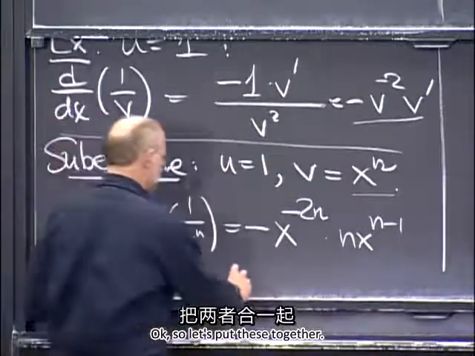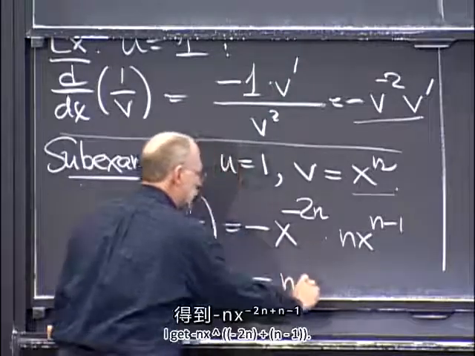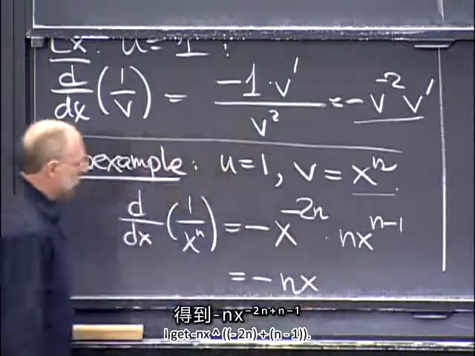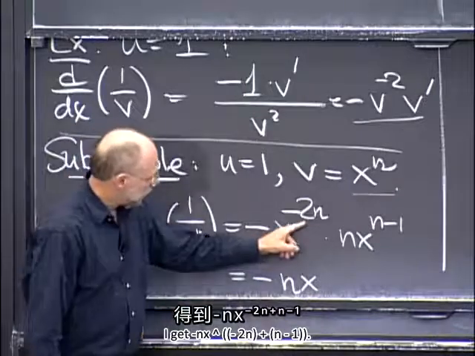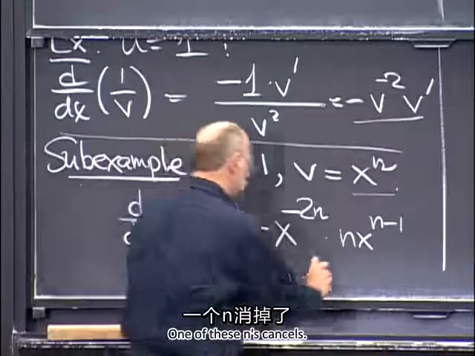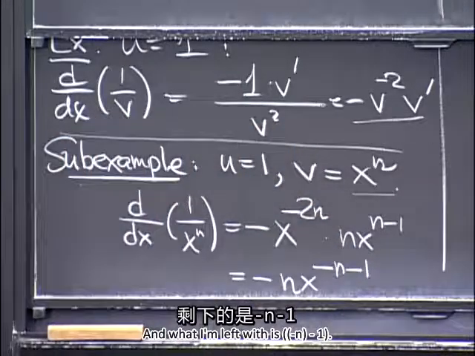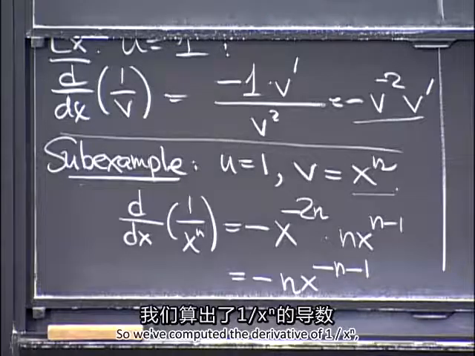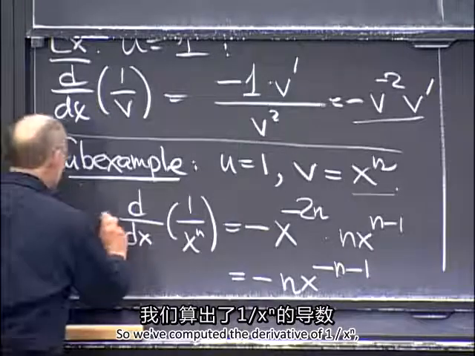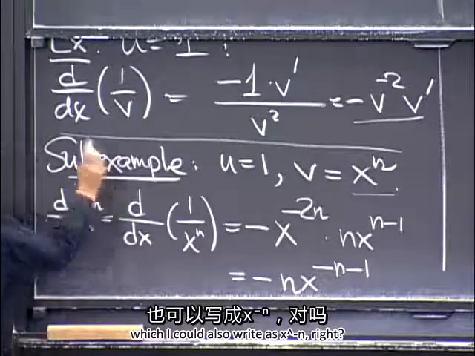Okay, so let's put these together. There's several powers of x here. I can put them together. I get n times x to the minus 2n plus n minus 1. One of these n's cancels, and what I'm left with is minus n x to the minus n minus 1. So we've computed the derivative of 1 over x to the n, which I could also write as x to the minus n, right?